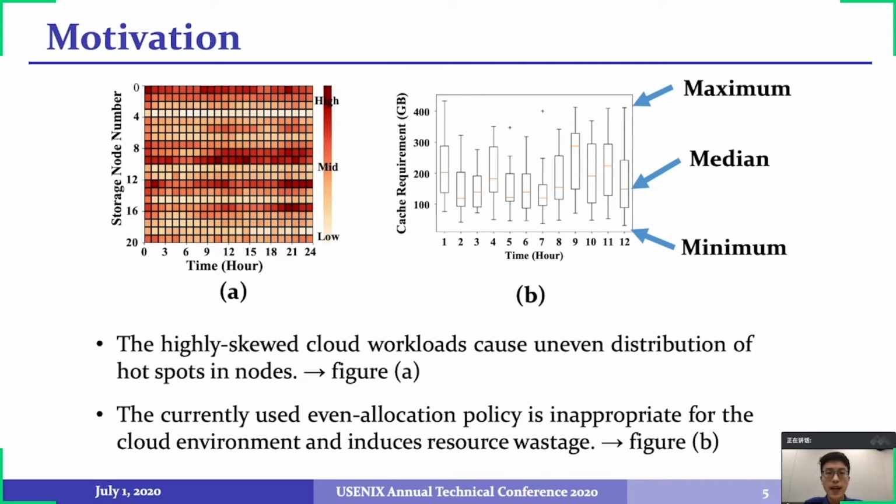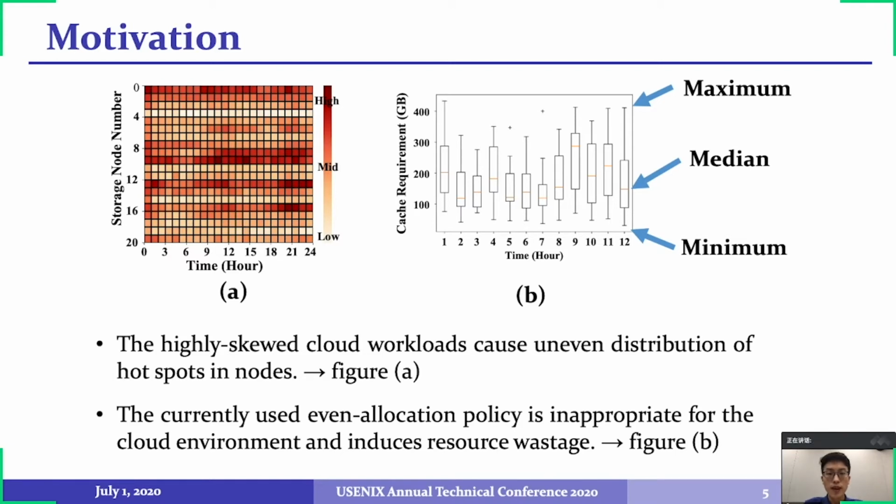However, the currently used even allocation policy determines the cache requirements in advance according to preliminary offline statistics. This kind of static configuration method is inappropriate for the cloud environment and induces resource wastage.